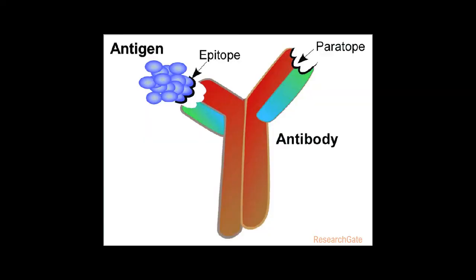Here you can see the epitope shown. The epitope is a complementary structure present on the antigen, and a complementary structure is present on the antibody. It fits properly like a lock and key model.